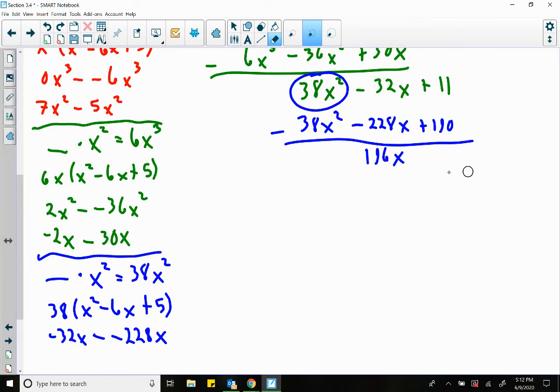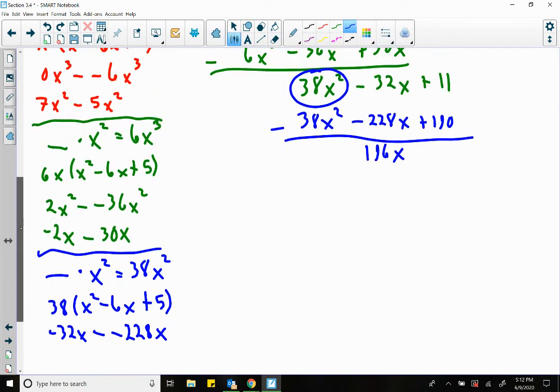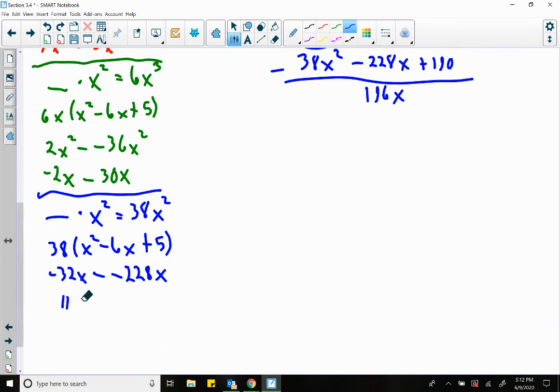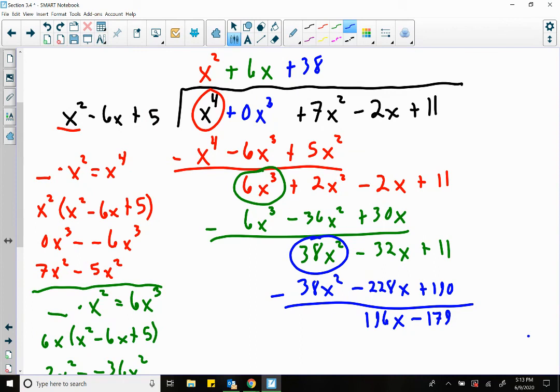Okay? And then the last guy is 11 minus 190. So 11 minus 190 gives us negative 179. And now you have all the information you need to answer the problem.